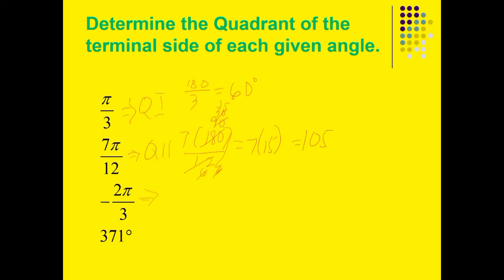Here we have a negative angle. As far as we understand the concept of the negative, we rotate in the clockwise direction. So we have negative 2 times 180 over 3.